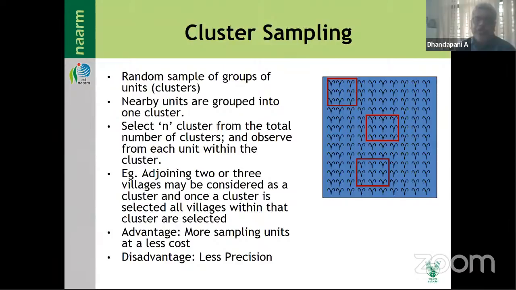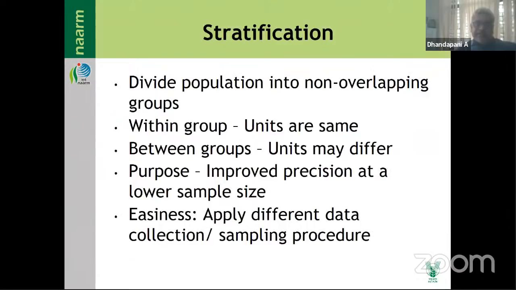So you are able to increase your sample size, but the precision is not increased as much, because the adjoining units within the cluster will not show, most of the time, variability. So your precision will be less.